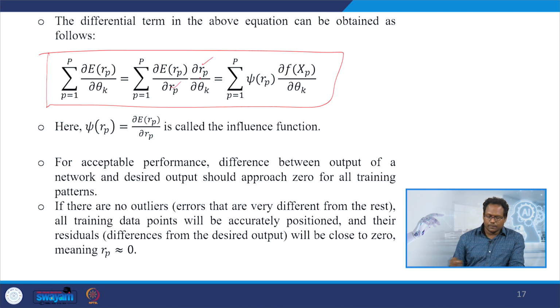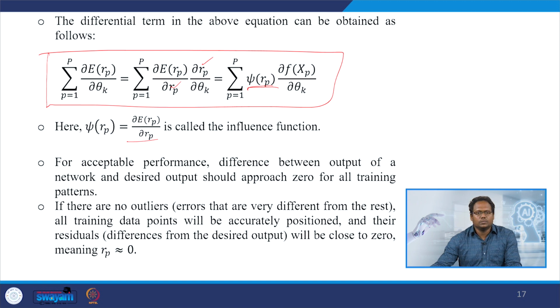That is given further by summation p equal to 1 to capital P psi of RP into dou f of xp upon dou theta k, where psi of RP, given by dou E of RP upon dou RP, is called the influence function.